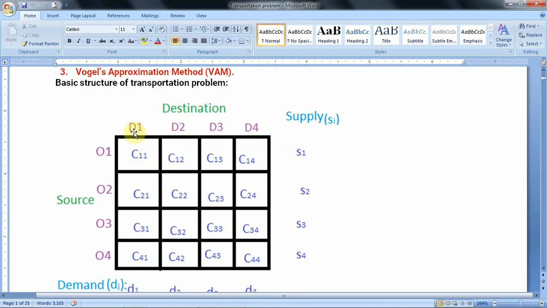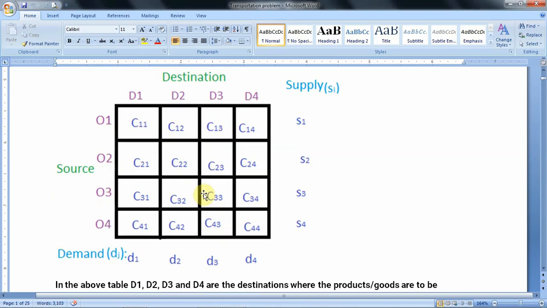Next, in the matrix model, the cells are cost values, that are C11, C12, C13, C14, like that. Last one, that is C41, C42, C43 and C44. Next column is supply units, S1, S2, S3, S4, and demand, that is availability, and this is the capacity. Demand is D1, D2, D3 and D4.